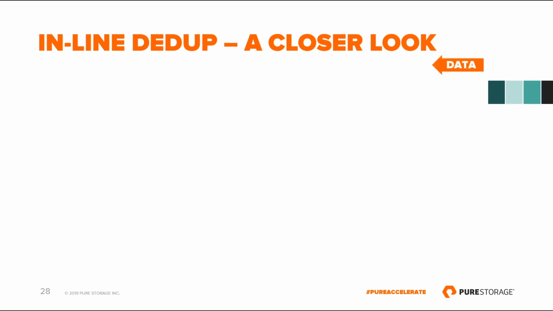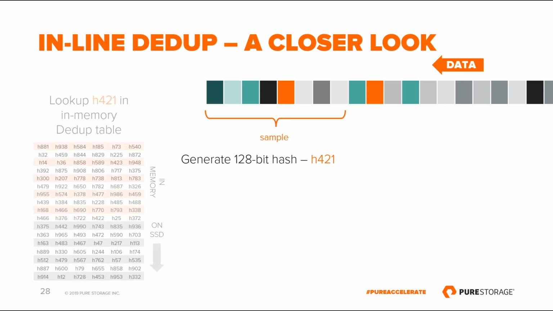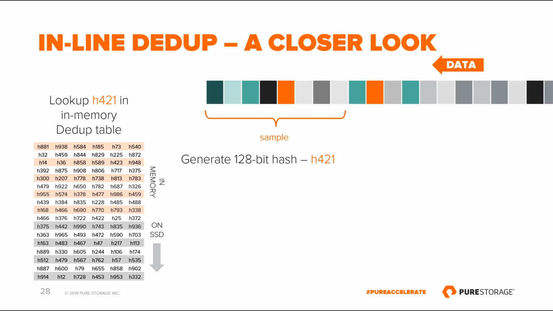So what we have here is our streaming data coming in. First we look at a 512 kbyte sample, and that's the window that we use to look at our dedup. So we generate a hash out of this sample. In this case, the hash value is H421, and we compare that to our dedup table that's sitting in memory. If the data does exist, then we'll see that it's a hit and we don't have to write that data.